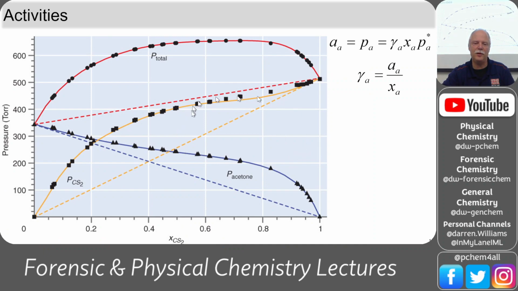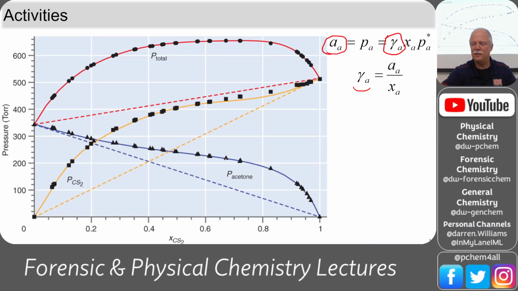And so here's some experimental data on the carbon disulfide acetone one. And these deviations from ideal, we call them activities instead of vapor pressures or pressures. So we have these activities, and there's this activity coefficient gamma. So we just correct our equation by adding another variable, which is what we do in science, right? And this activity coefficient is just the activity divided by the mole fraction. And so these activity coefficients are a function of composition, so it's not a single constant.